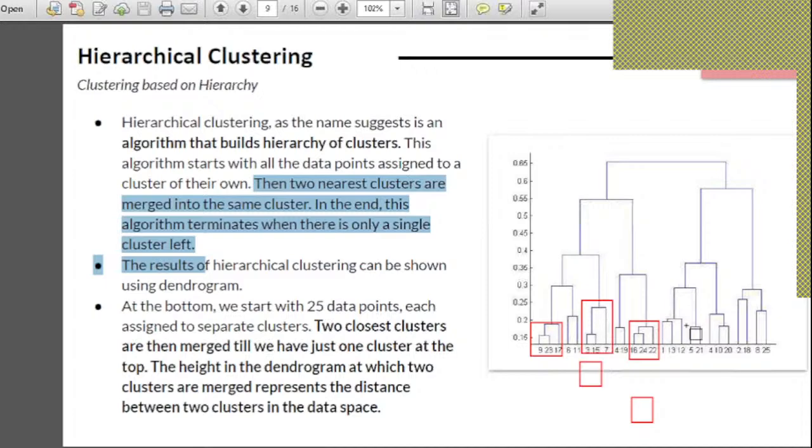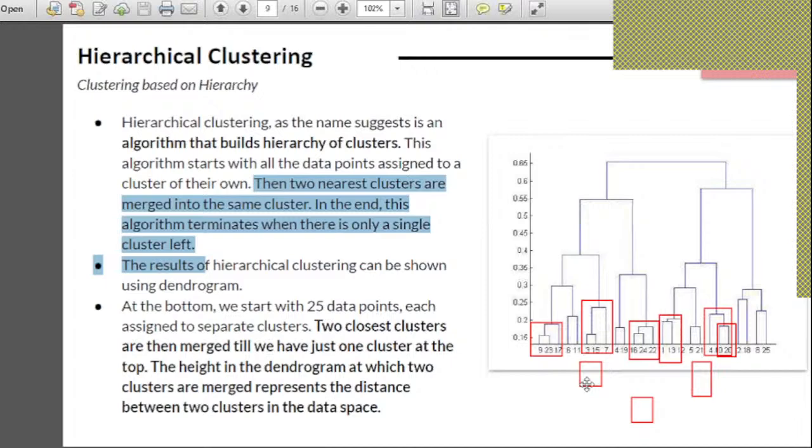Then similarly it found this one, put it in one cluster, this one put it in one cluster, and then it clubbed 4 with 10 and 20, right? And then, yeah, next it found these two, 1 and 13, and then later clubbed with 12.